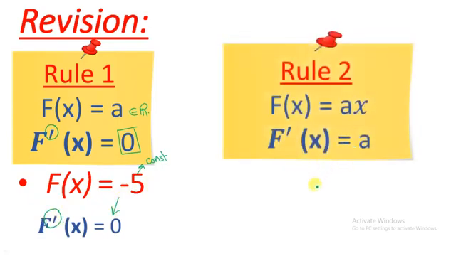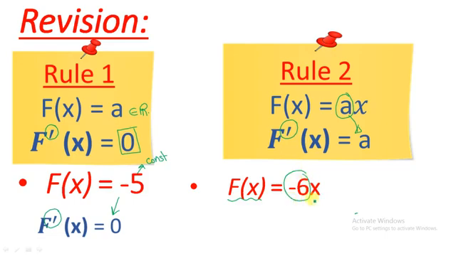The second rule: if I have f of x equals ax, that means a number multiplied by x, then the derivative of this function is the coefficient of x itself. For example, if I have the function f of x equals minus 6x, a number multiplied by x, then the derivative is the coefficient.